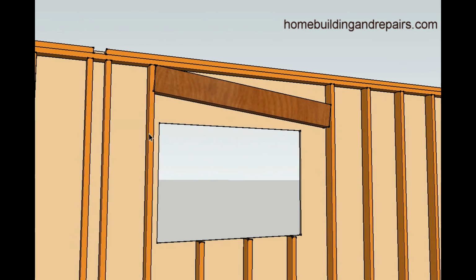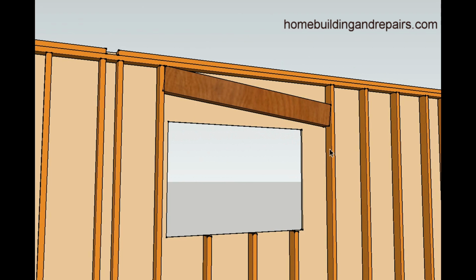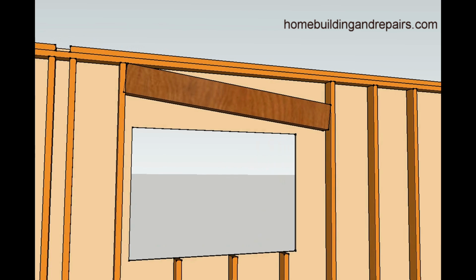If we were to cut it full length, if the distance in between the wall studs, let's just say, is 60 inches, and we cut our header 60 inches, it's fine if we can slide it into a square opening from a square opening, but it's not going to go into a square opening at an angle as we're looking at here.